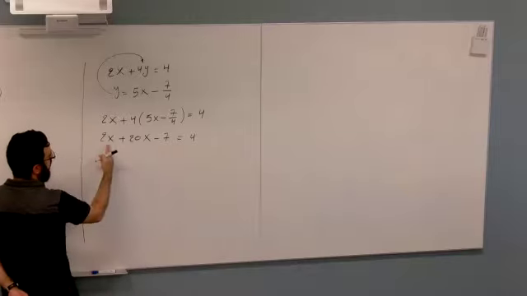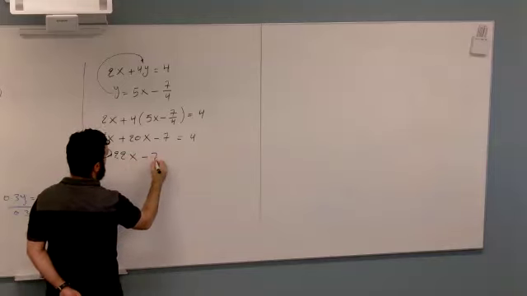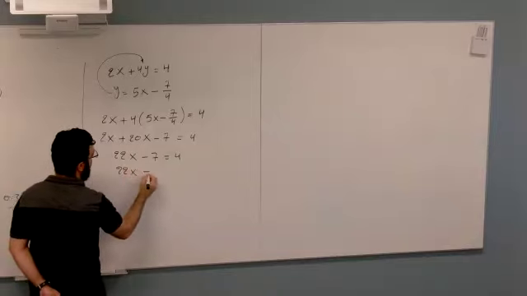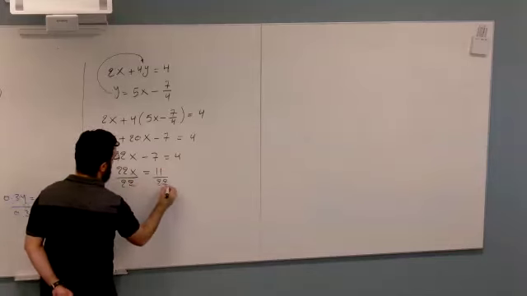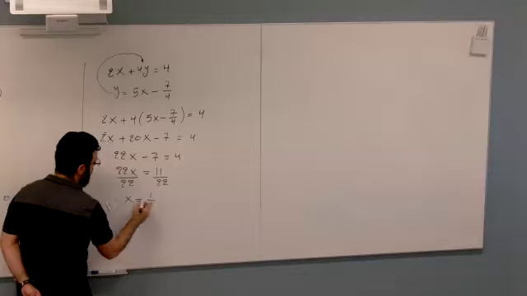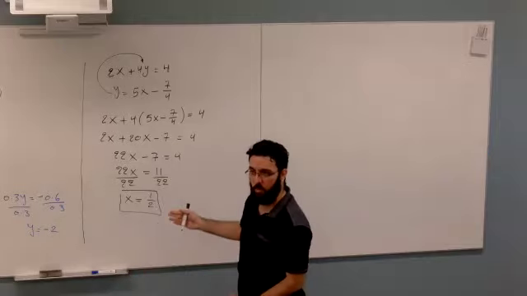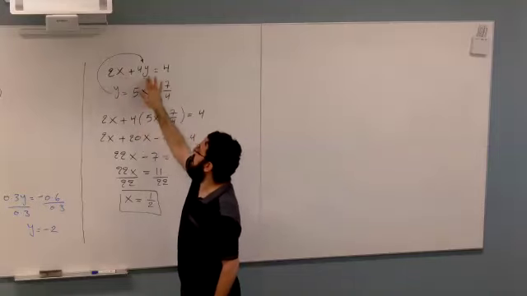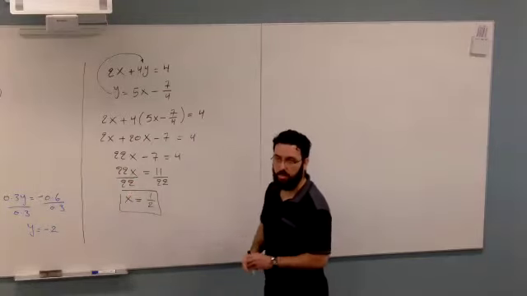Combine like terms, only this part. 2 plus 20 minus 7 equal 4. Move the 7 to the left side, so 22x equal, divide by 22. Be careful when doing this. x equal what? 1/2. See, sometimes substitution gives you an easier way to solve it, especially with this one. If you want to move the x to the other side and use the elimination method, you have to get the same solution.